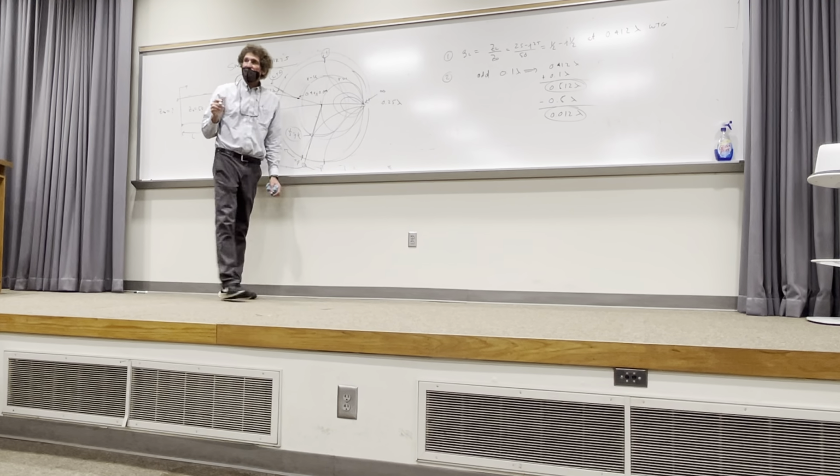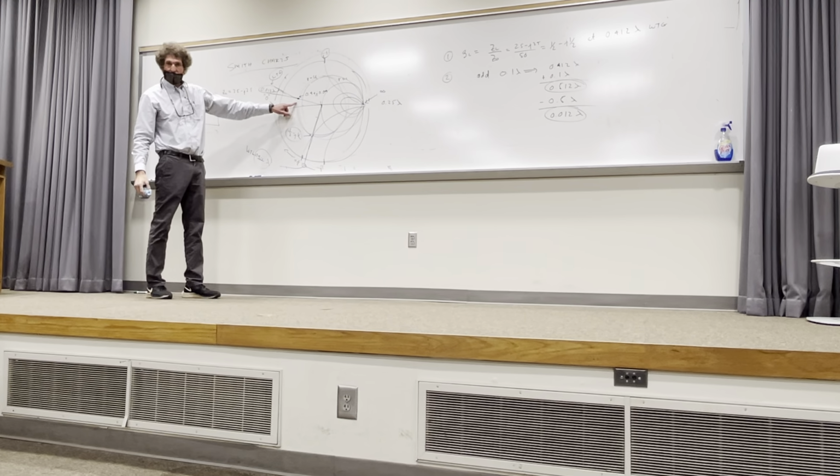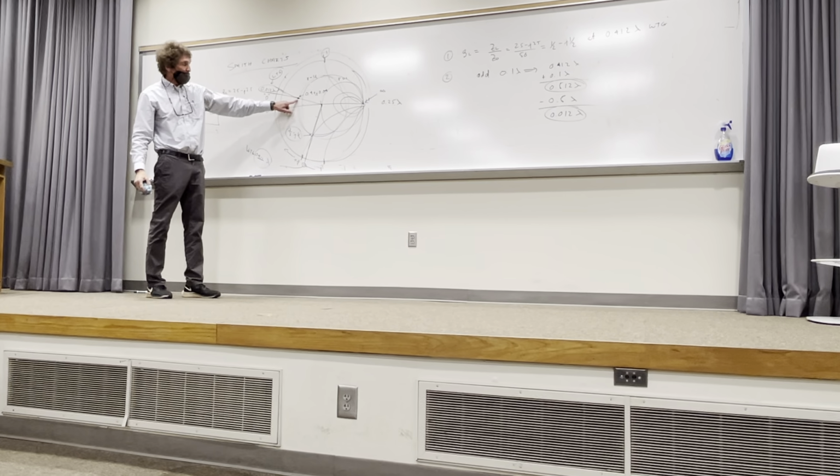Anybody else see that? There should be a real value that's positive and small, and an imaginary value that's positive and small as well. Anybody else confirm or deny that? What did you get, anyone?